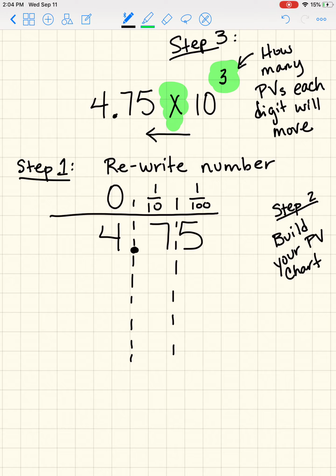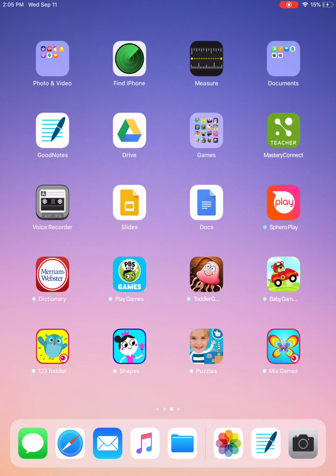That's going to tell you that I need to draw 3 additional place values down here in my number. So I'm going to do, there's 1, 2, and that last open space is 3.